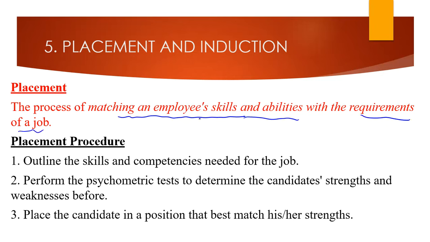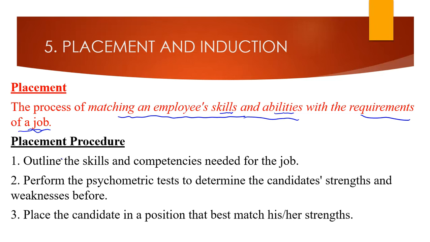Let's give a simple example. Let's say your school decides to hire a new teacher. Now, placing this teacher would be deciding which grades this teacher is going to teach, which specific subjects this teacher is going to teach. That would be placement. You want to match this teacher's skills and abilities with the requirements of the job.